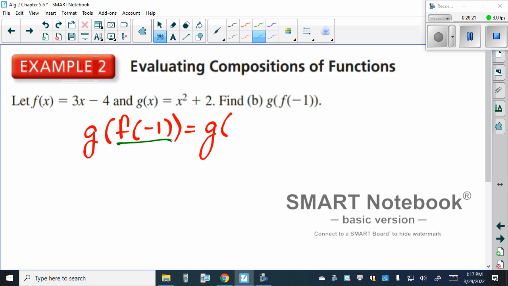So we'll plug -1 into f of x, which would be 3 times -1 minus 4. We can plug that into a calculator and get -7, because 3 times -1 is -3, minus 4 is -7.